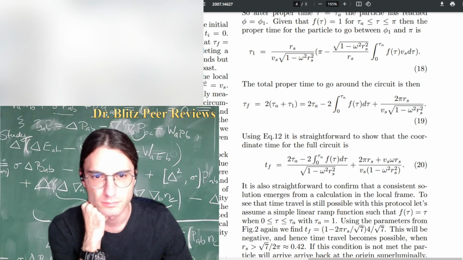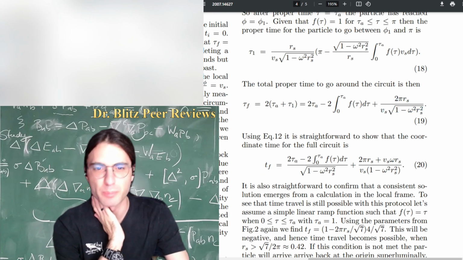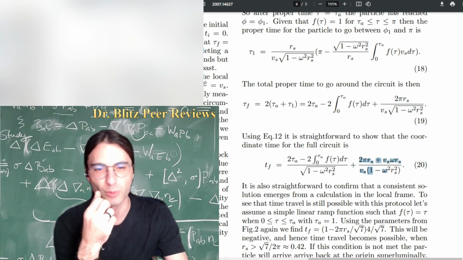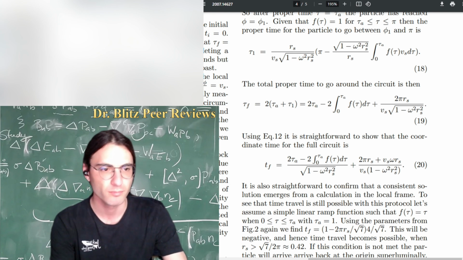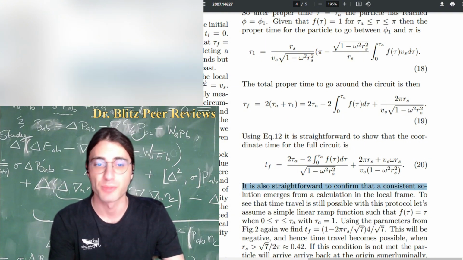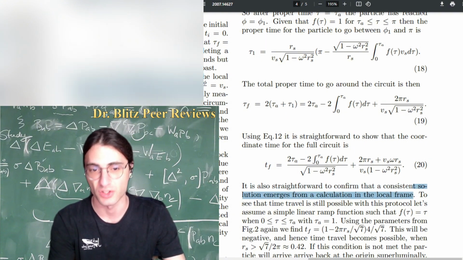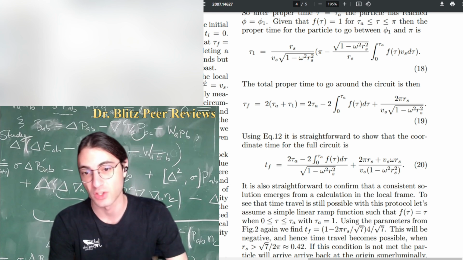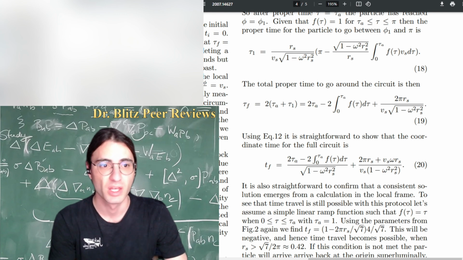Oh, I'm sorry. There's a piece here that I had neglected that I can't ignore. That's where that's coming from. Right, okay. It is also straightforward to confirm that a consistent solution emerges from a calculation of the local frame. So all they're going to do now is just do the same calculation of the local frame and come up with the same answer.